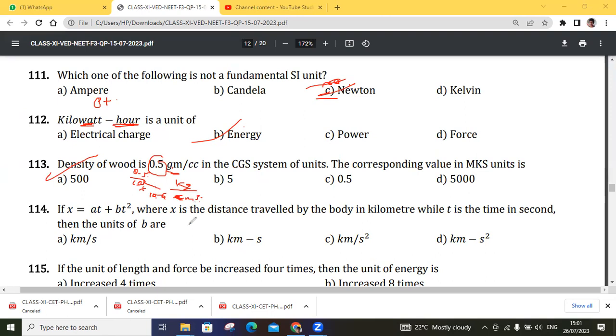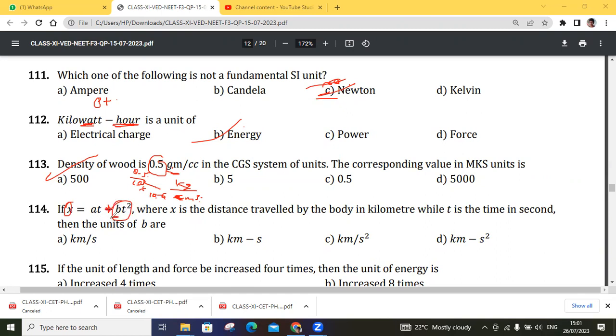Then 140. X is equal to 20 plus bt square. So they're asking distance, kilometer, and the unit of B is, so unit of bt square and x should be same, right?